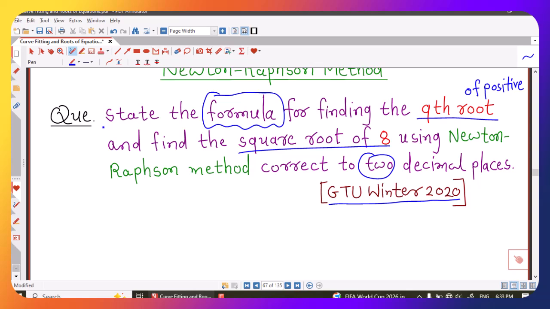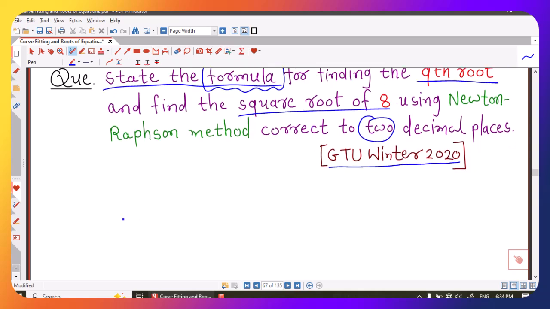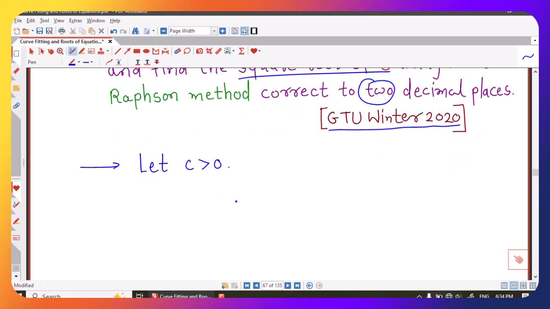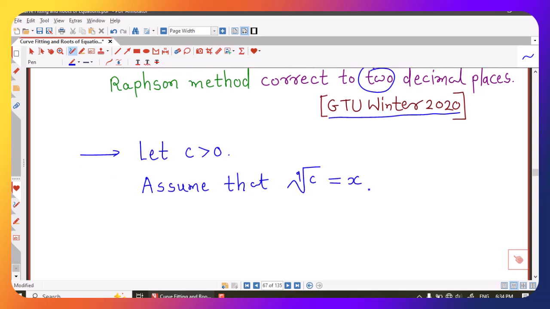So first we will develop the Newton-Raphson iteration formula for finding the qth root of some positive real number. For that we first assume that let C be any positive real number, that is C greater than 0, and we assume that we are interested in the qth root of C. So we assume that the qth root of C is equal to, say, x.